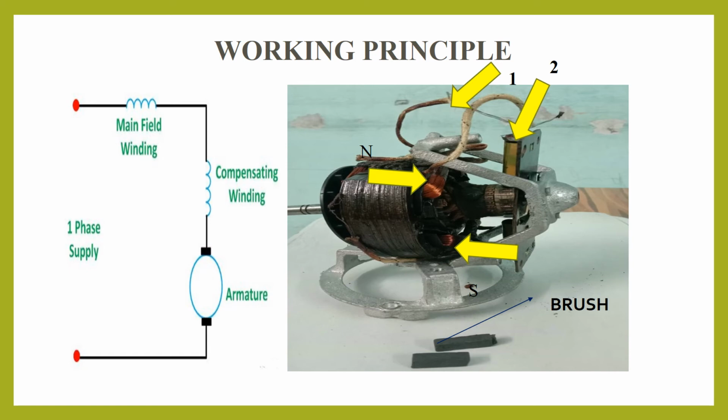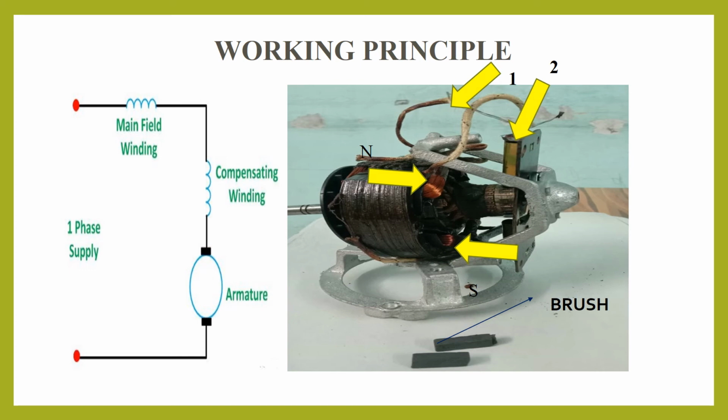When the supply is given to the coil, there is a flow of current. Because of the flow of current, poles are induced in the coil. So now you see, here it is a north, the opposite coil is the south. So the magnetic field is created. But here the magnetic field is alternating in nature. Alternating means positive, negative, because it is an alternating current, it keeps on varying with respect to time.